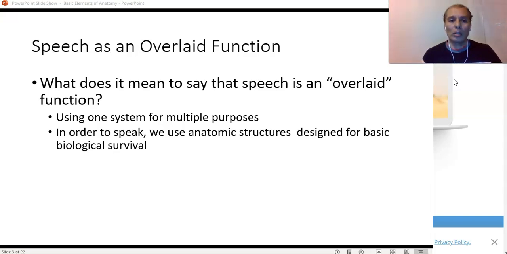So again, in summary, when we say overlaid, it means you already have a mechanism for using these anatomic organs, but you put on that overlay another function since you already have the system in place.